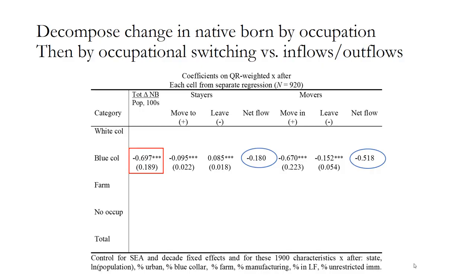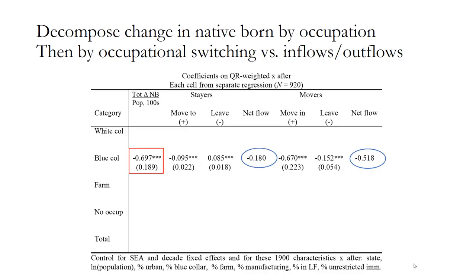So we see for the stayers, people who were not in blue-collar work but are moving to blue-collar work, that number is falling. The second number tells us that people who were in blue-collar work at the beginning of the period are more likely to leave and go somewhere else, either white-collar, farm, or no occupation.